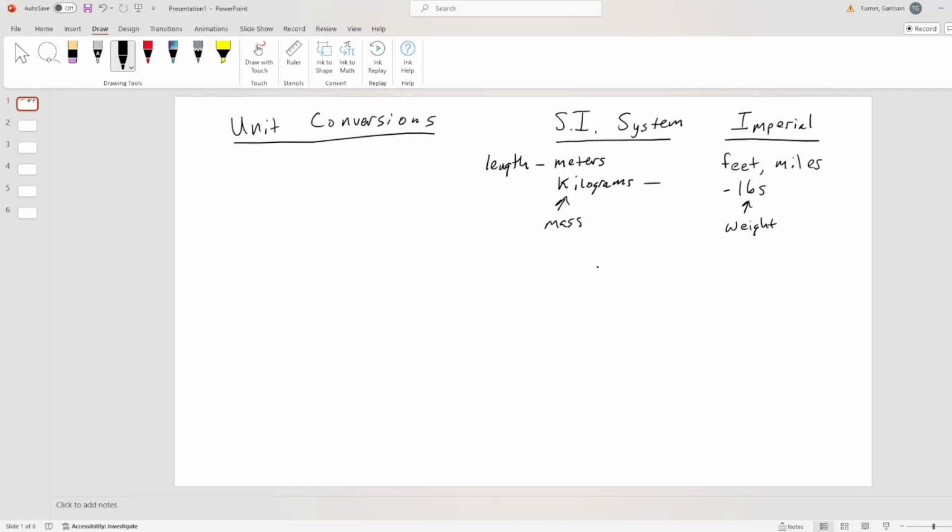And so these units both measure your length, okay? Kilograms and pounds, again, they're not exactly the same thing, but they're trying to get at the same kind of idea. How much stuff do you have? Okay, so this is your mass, but then we also have time, and actually let me put it like this.